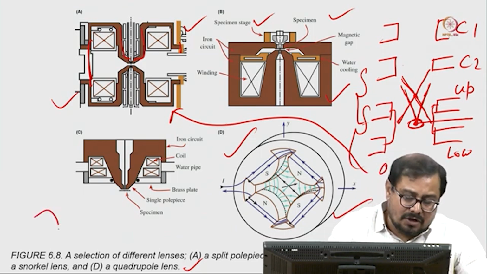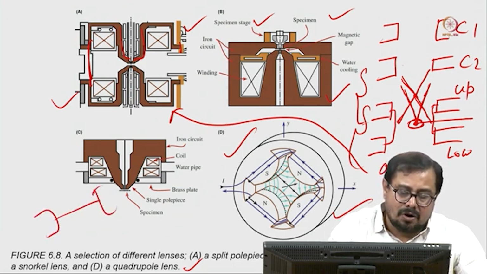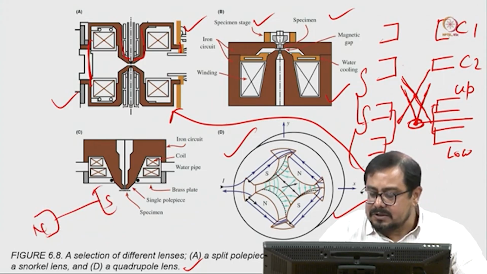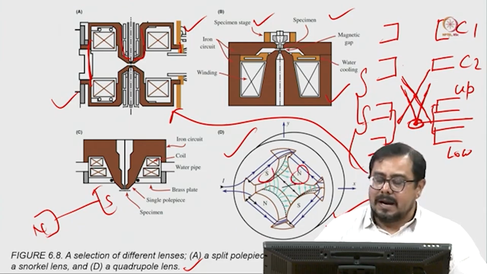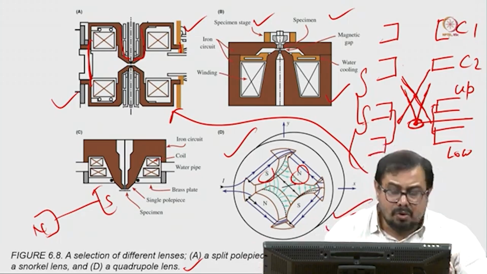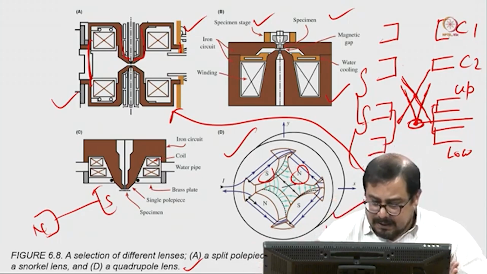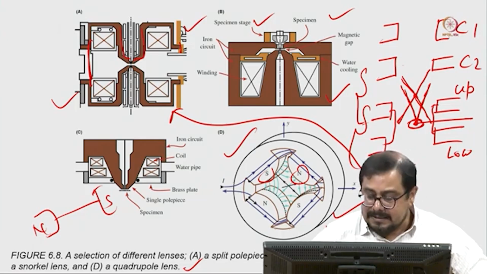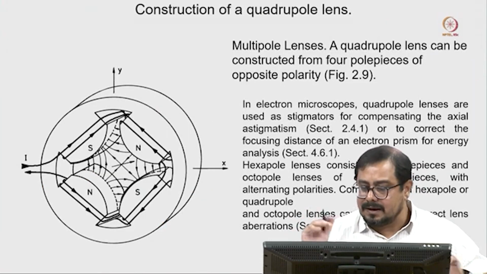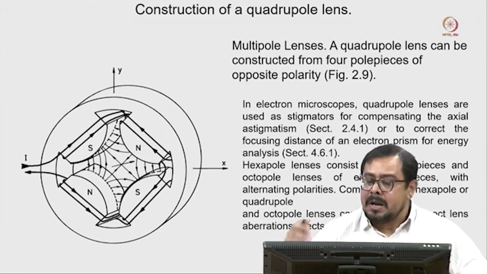It is not that only one side is north and another side is south; it is connected with south and north simultaneously. So this kind of lens is used for the quadrupole lens system, and specifically we use it to correct astigmatism.